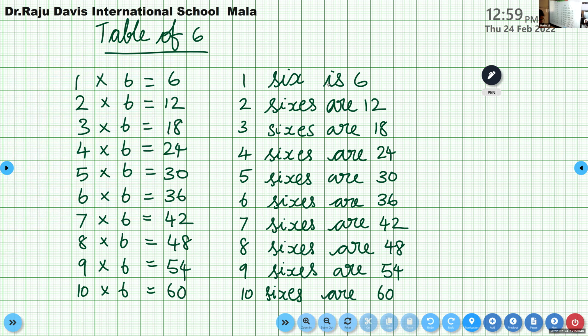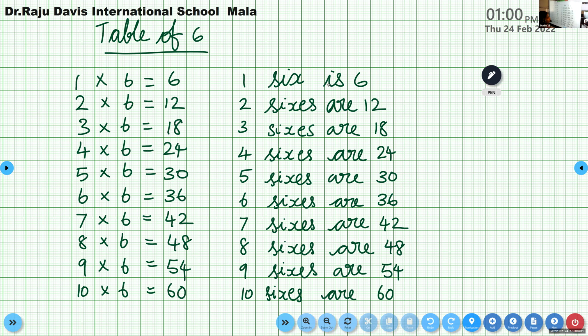Sarah, please read the table. Yes, ma'am. 1 into 6, 6. 2 into 6, 12. 3 into 6, 18. 4 into 6, 24. 5 into 6, 13. 6 into 6, 36. 7 into 6, 42. 8 into 6, 48. 9 into 6, 45.